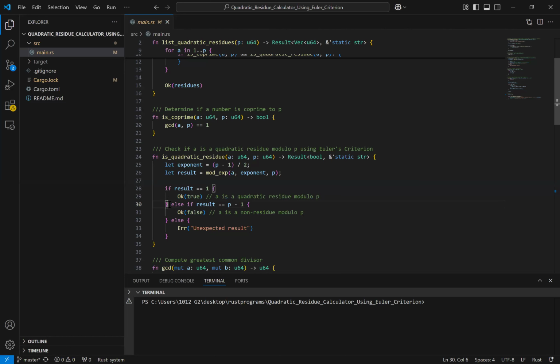Else, if the result is -1, -1 is just the same as p minus 1. For instance, where p is 17, -1 is the same as 16, which is p minus 1. So I've said else, if the result is p minus 1 or -1, then it's false. In other words, the number is not a residue. It has no square root.